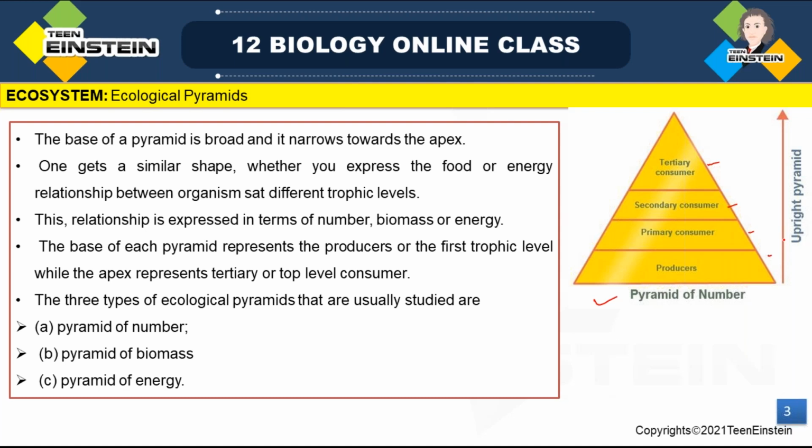An ecological pyramid is a graphical representation of various ecological parameters at the trophic levels of a food chain. Here, in the basic food chain, it is starting from the producer. So from the producer level, it is getting started.